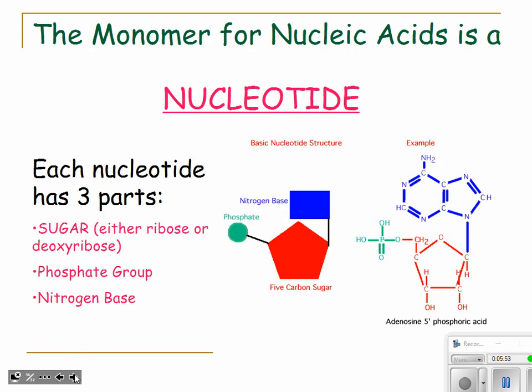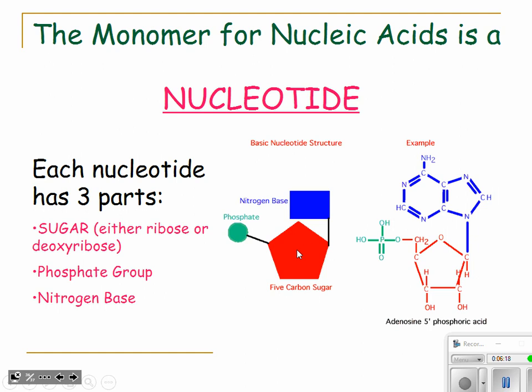Here's another example that shows you the three parts. In green right here, that is the phosphate group. In blue is the nitrogenous base. And in red is the 5-carbon sugar. Now, these 5-carbon sugars depend on what you have.